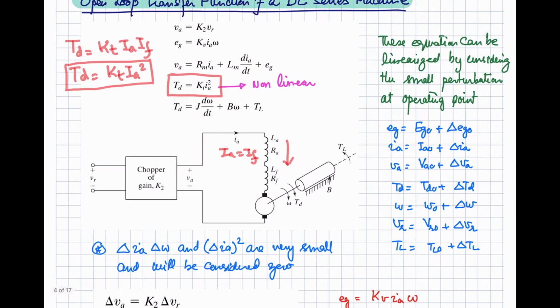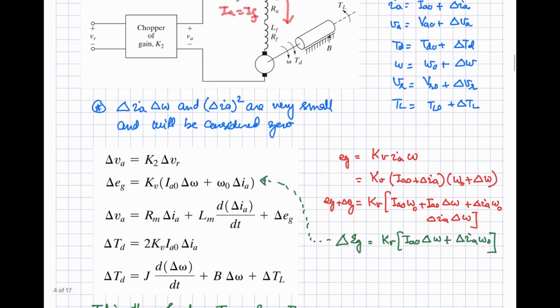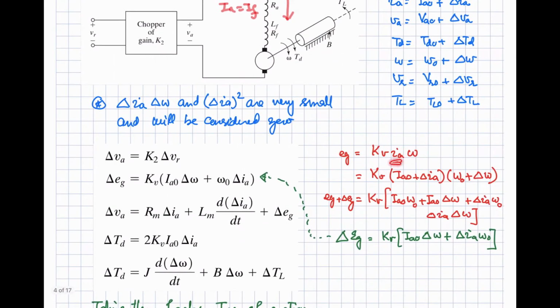In this, first of all, replace this Ia with the value at the operating point and the small perturbation in the vicinity of the operating point, that is delta Ia. Similarly for the speed and similarly for the induced EMF, you can write it like that, delta Eg.